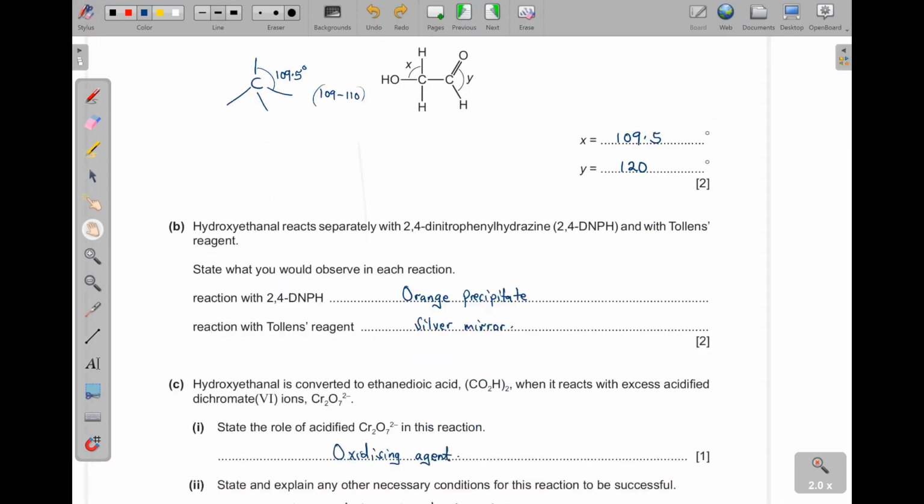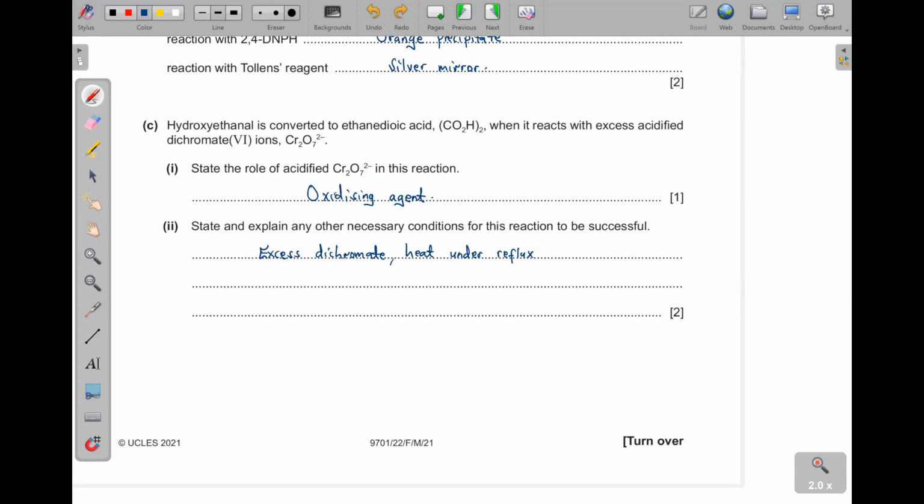So that's why we heat under reflux to allow oxidation of the alcohol and the aldehyde groups. As simple as that.